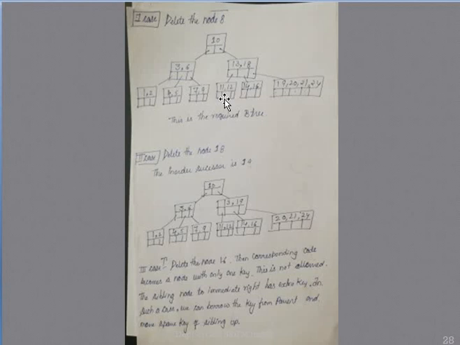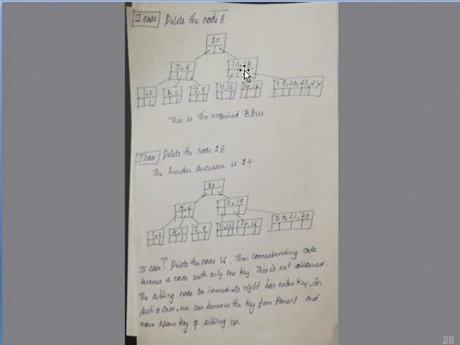The second node that we need to delete is the node 18. The node 18 is here. If we have to delete the node, first we append the successor of the node here, at this place, at the key value, this key is appended here and the node 18 is deleted.